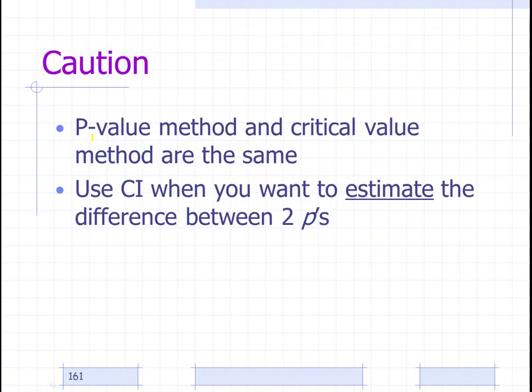Remember, when we do the p-value method and the critical value method, they really are the same. We just get to our decision in a little bit different manner, but the decision will always be the same. When we want to estimate the differences, that's when we're going to use our confidence interval.